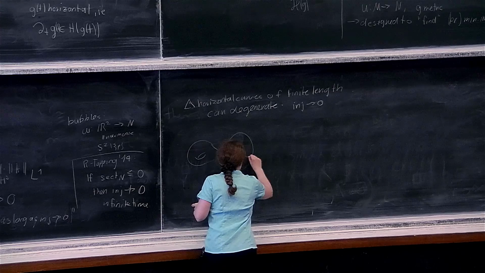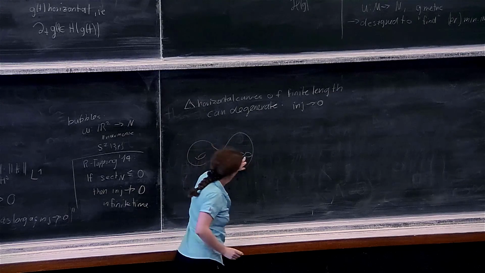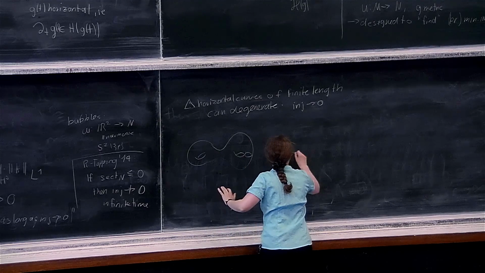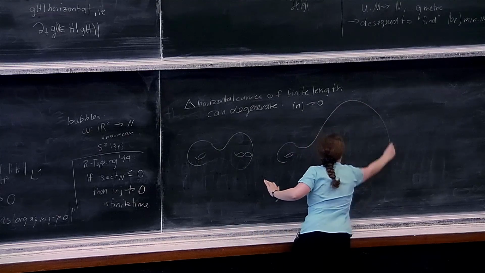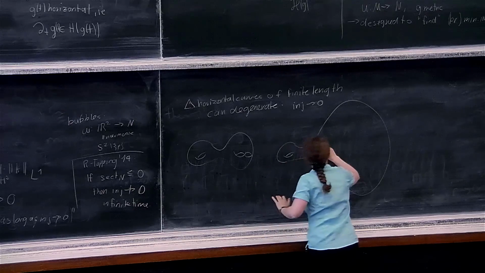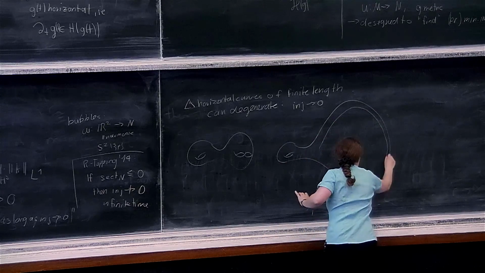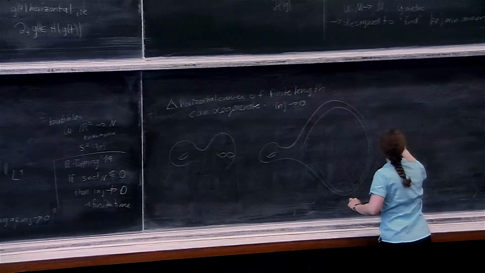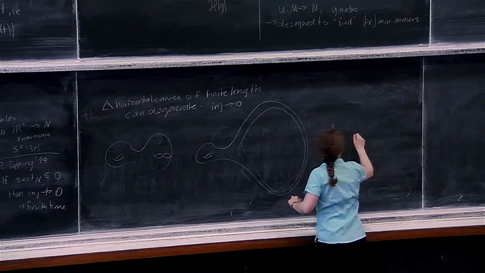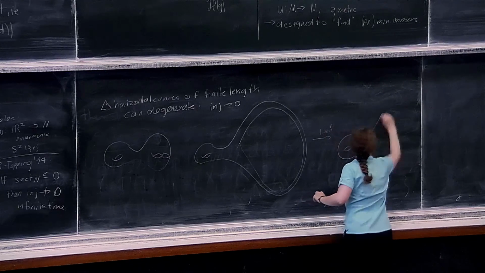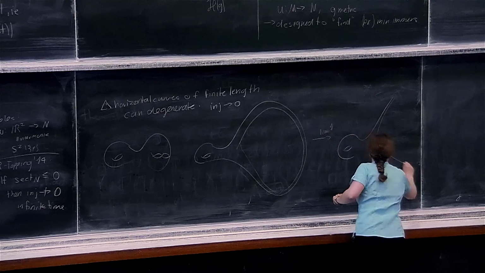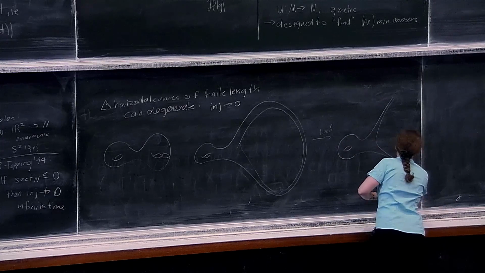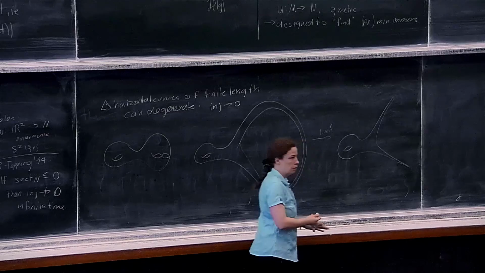Let me draw this with the geodesic homotopic to that curve pinching. This part here looks pretty much the same, but this thing here has gotten very, very long and very, very thin. And in the end, when you pass to the limit, what you get is a genus 1 surface with 2 hyperbolic punctures getting a bit closer together like that.